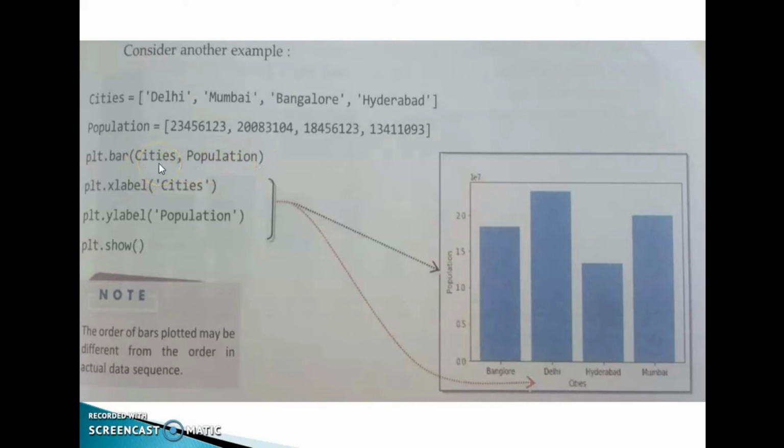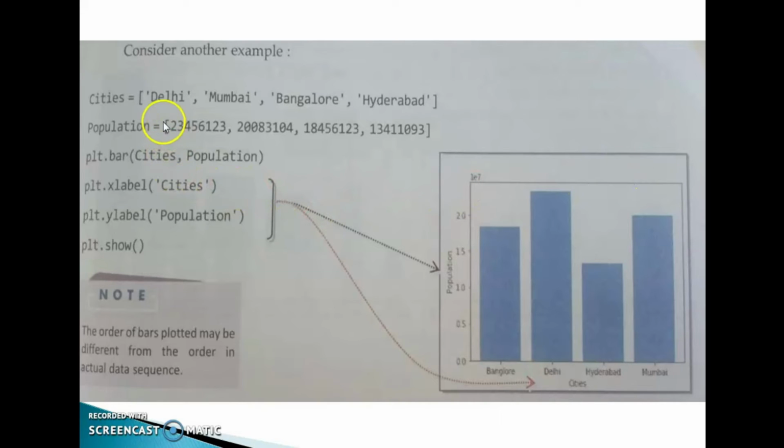Cities is the x-axis, population is the y-axis. plt.xlabel cities, then plt.ylabel population. Then plt.show. Here we didn't specify any title, so we can't see any title.